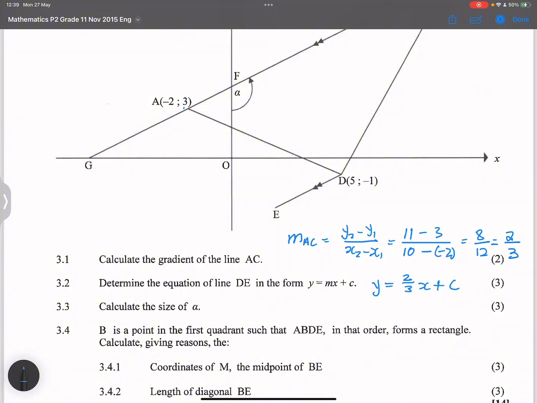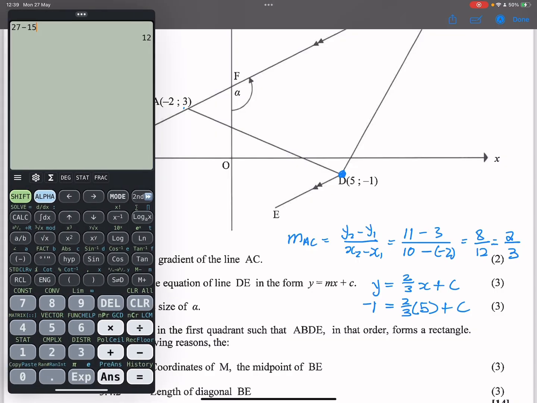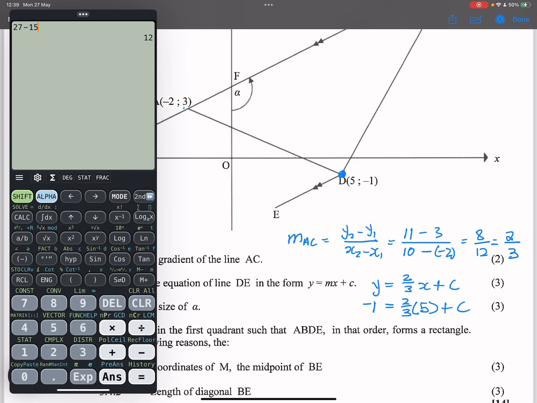But now how do we get the c value? We're going to just substitute one of the points that the line DE passes through, and that's the point D. So we know that when y is -1, x is 5. And so in this case, I'm simply going to say, well, that's 2/3 multiplied by 5, that will be 10/3. But if we take it to the other side, it becomes -10/3.